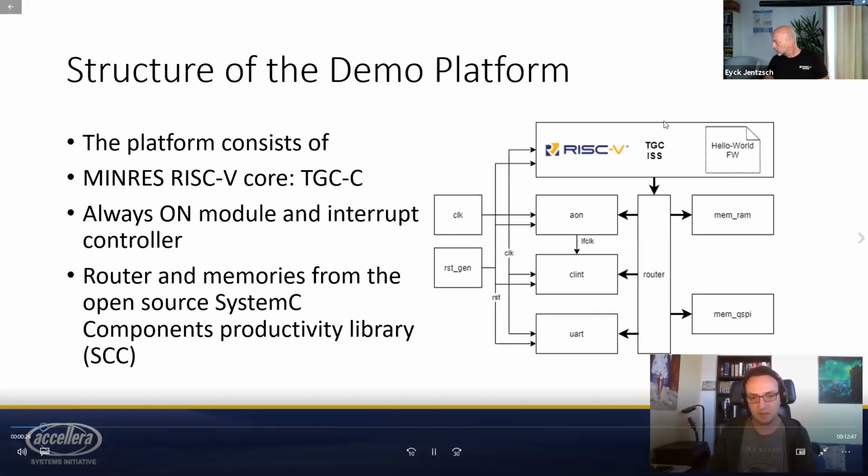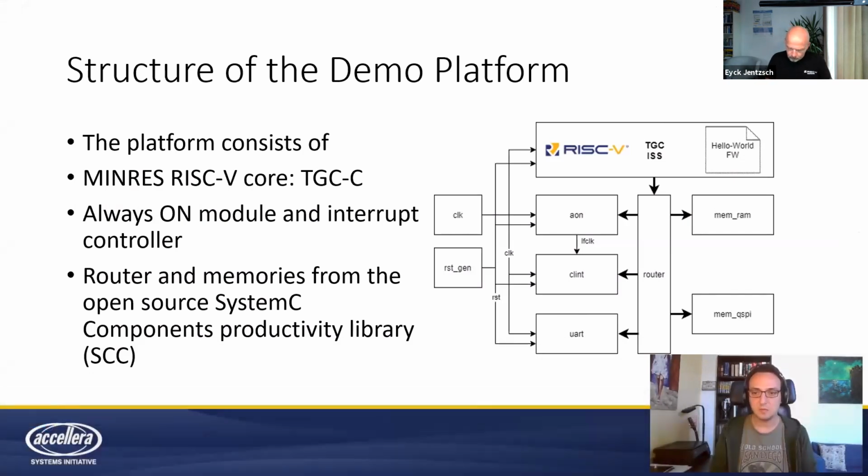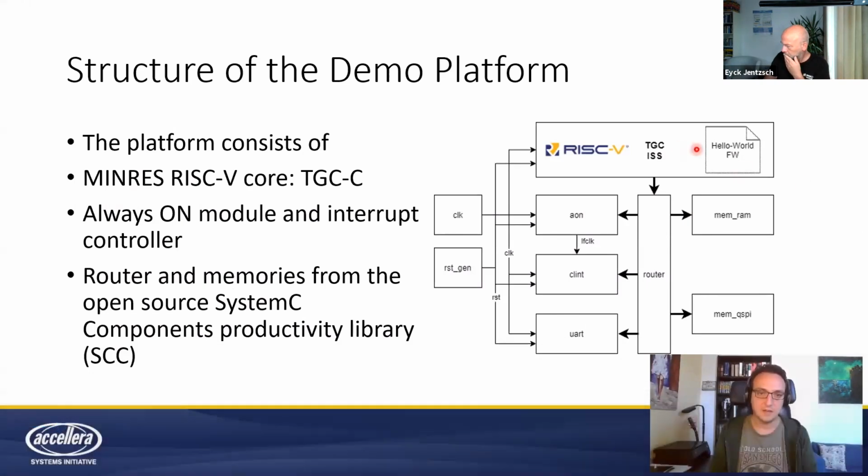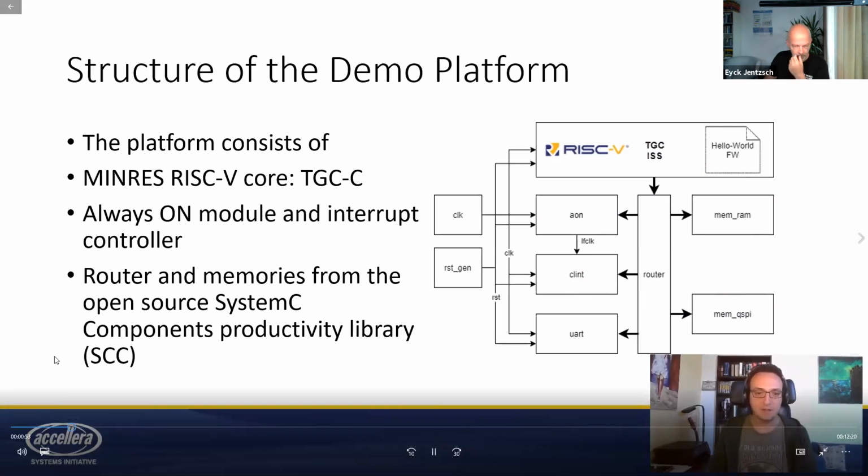So this ISS is representing a real processor. Around this ISS model, we will build up a VP top level in Python and execute a simple hello world firmware. To assemble the test design, besides ISS, we will also use an AON module, core local interrupt controller, router, some memories, and a UART terminal to print messages from the firmware.